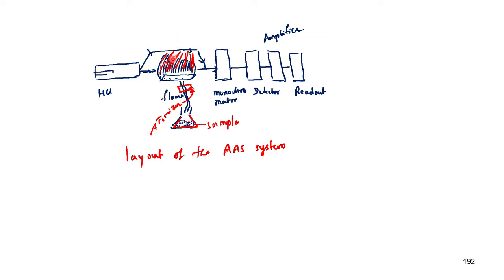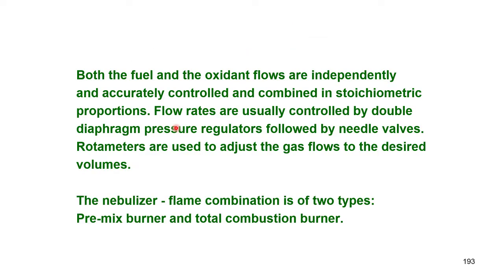This is what we are discussing now, and the sample in the liquid form is taken in this conical flask. So, we need an air pressure nebulizer to take the sample into the flame. For this we need a fuel, because just like your LPG at home, we need a fuel.